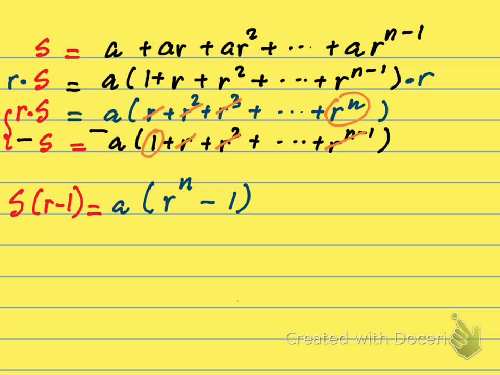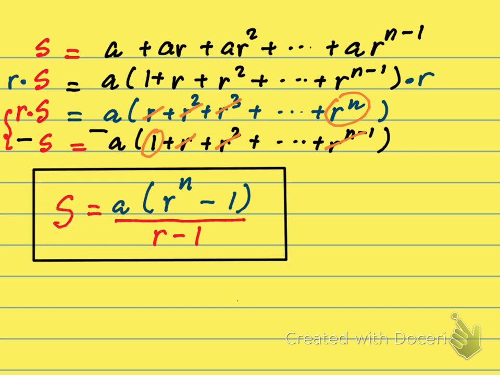So at this step, we think about the ultimate goal, which is to solve for s. We want to figure out what is the sum of this sequence. And now at this point, we have this equation. So in order to solve for s, we divide both sides by r minus 1, to get rid of r minus 1 and have s on the left side by itself.